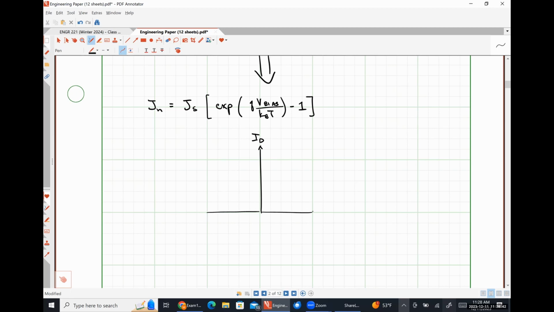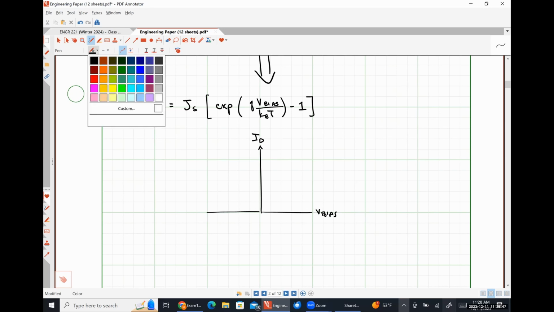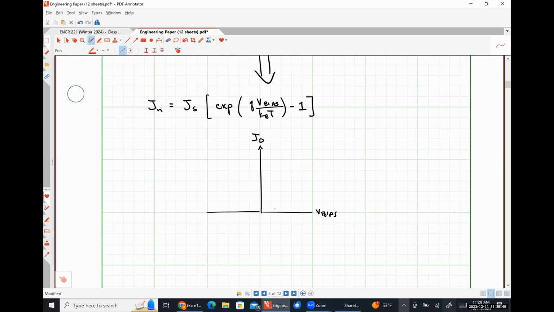So we have V bias on this side. We have an exponential increase in current over here. And something like this, where once again, our current over here is typically measured in milliamps, and our current down here is typically measured in nanoamps or smaller. Mathematically, they behave in practically the same way.